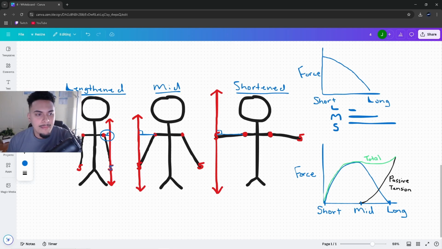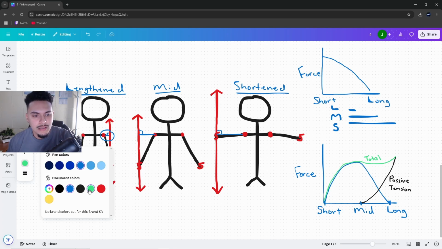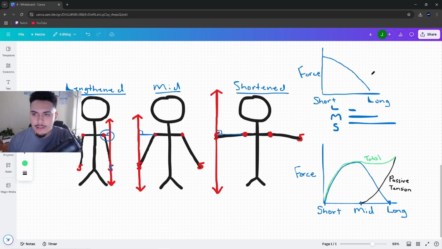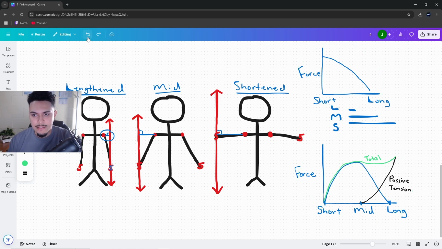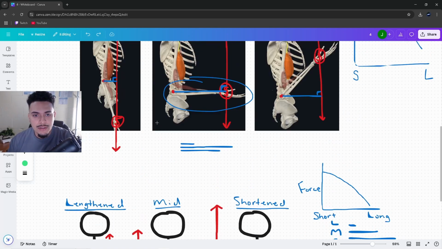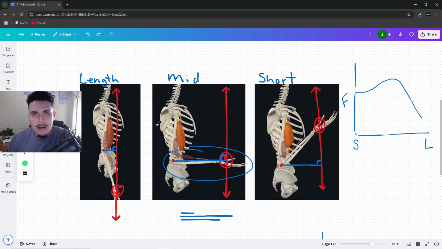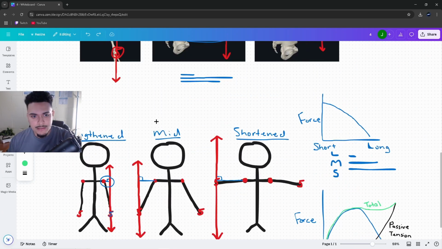So if we compare, let's do a bright green here, if we compare this resistance profile to what we are physiologically capable of producing, does it match up? No, it does not. Now, does this make the dumbbell lateral raise or the dumbbell biceps curl a bad exercise?